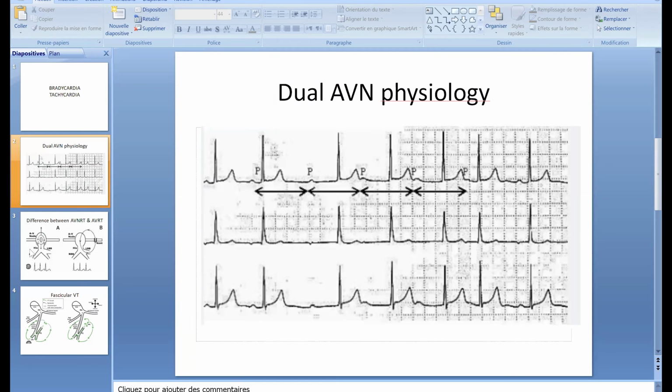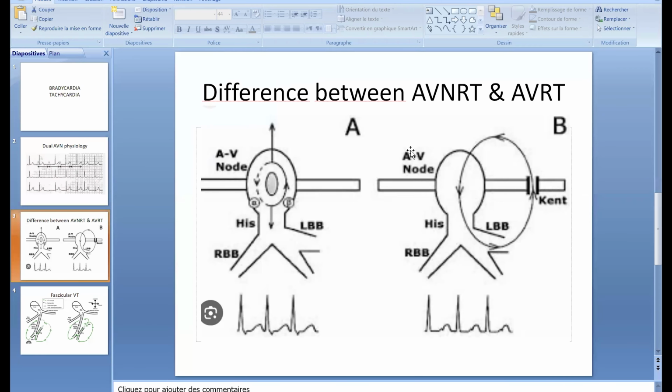For the second question, the question was how can we differentiate between AVNRT and AVRT? When we are trying to differentiate between these two kinds of narrow QRS tachycardia, we have a lot of criteria in the ECG during tachycardia that we have to list. The first one is the RP interval.